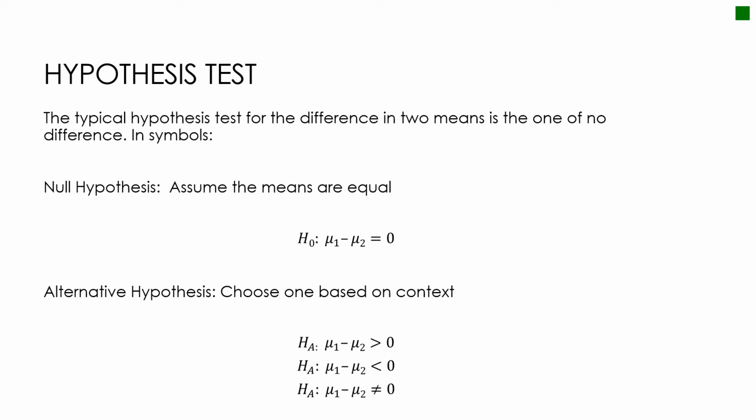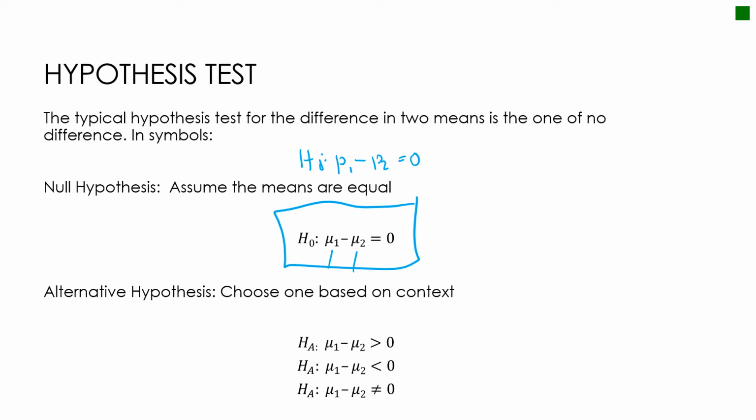Now let's take a look at hypothesis testing with two means. So again, the null hypothesis is always going to look like this. Now this is a little bit different than the last one, because on our last video, when we dealt with proportions, we had P1 minus P2 equals 0. And now I'm dealing with means, so I have mu1 minus mu2 equals 0.